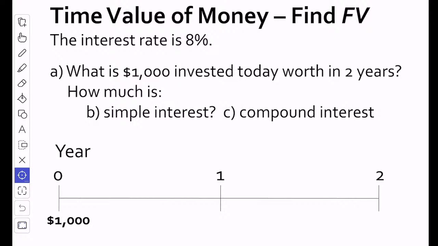Okay, a problem. We have a problem here. Here's your interest rate, and I have questions for you. I'm going to give you 10 minutes to work on this. However you do it, I'm going to demonstrate. This will be our first problem. I'm going to demonstrate to you what I expect to see in a test type situation as an answer.